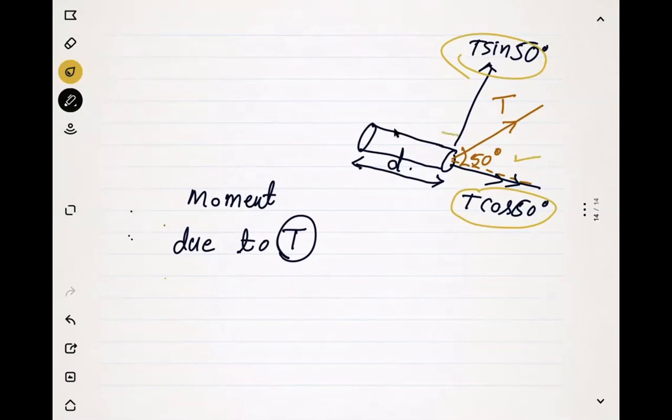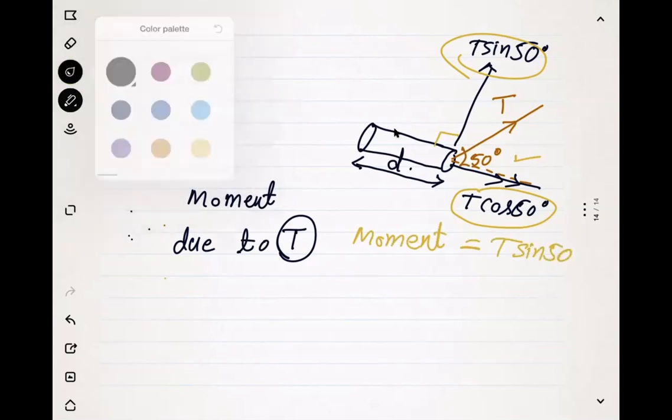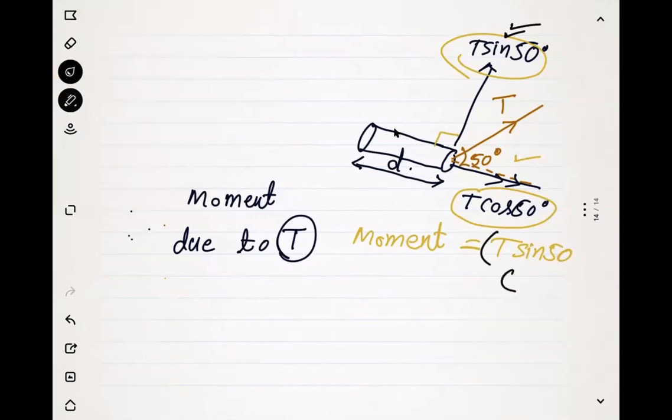So moment is equal to T sin 50. T sin 50 into the distance, which is L by 2.